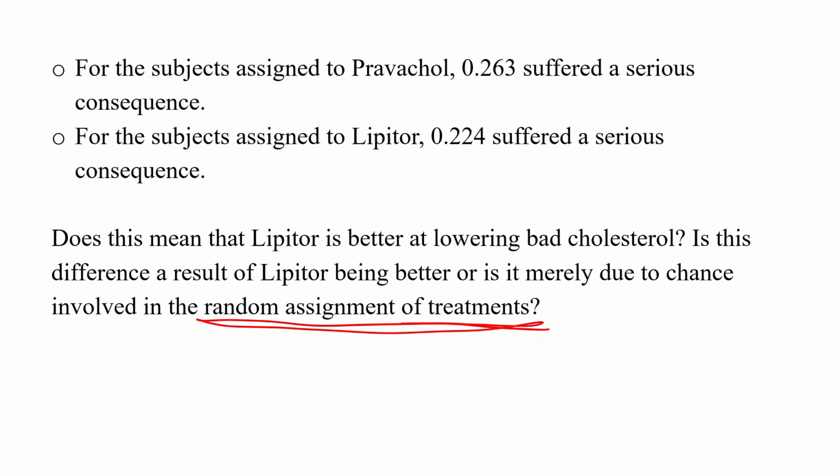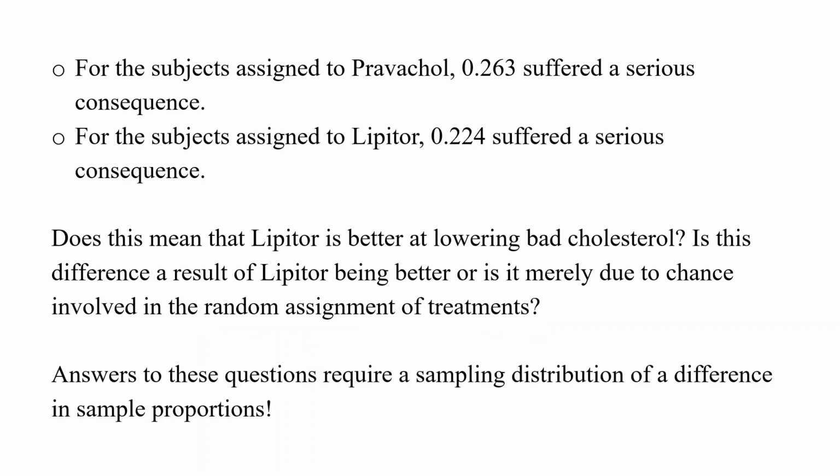We have a natural sampling variability whenever we use a random sample, and the same thing goes with random assignment. While we try to control things in an experiment, we can't control everything, especially when it comes to that natural variability that occurs between two groups. So making a sampling distribution for this difference in sample proportions will help us answer this question.